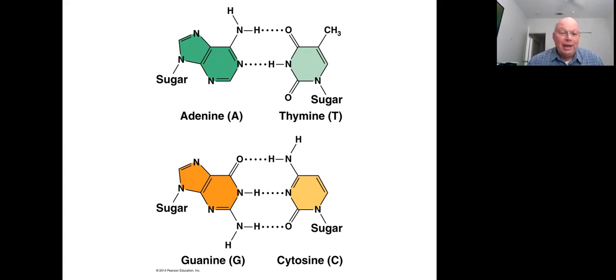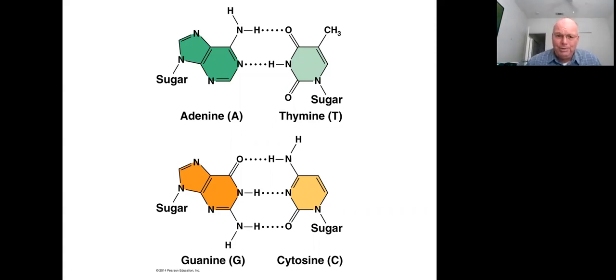What they also said in a single sentence in this particular paper, but actually expanded on in the paper that they wrote with Wilkins in the same journal, was that, and I'm paraphrasing here, it has not escaped our attention that our model also provides an explanation of how the DNA molecule could be replicated.